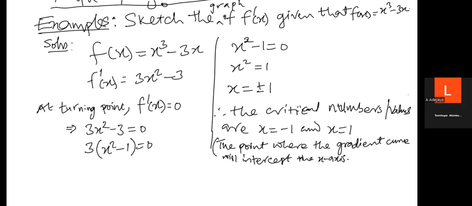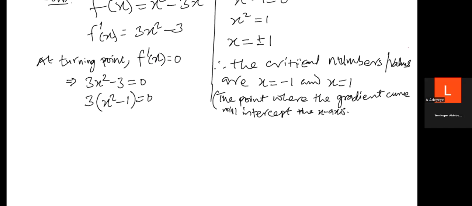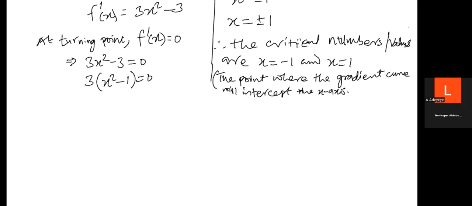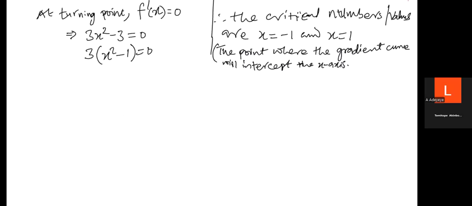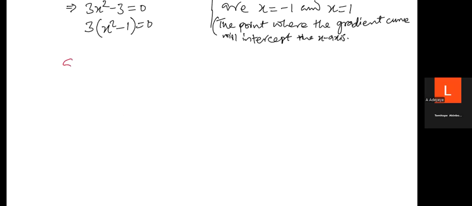So that's where we're going to start from if you want to sketch. But before that, let's move on. Let's now determine where the curve will be above and where it will be below the x-axis. So you do that by using a sign table. Sorry, let me change the color back to black.